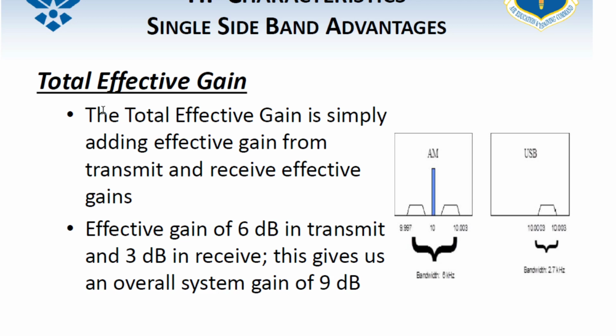I was wondering, for the gain, it says it gives 2 sets of 3, so it gives +6 gain overall. Is that consistent for every type of single sideband? It's only +6 gain no matter what? That's this system specifically. It's not going to always be that way. That's just for our radio. Every radio is going to be different.